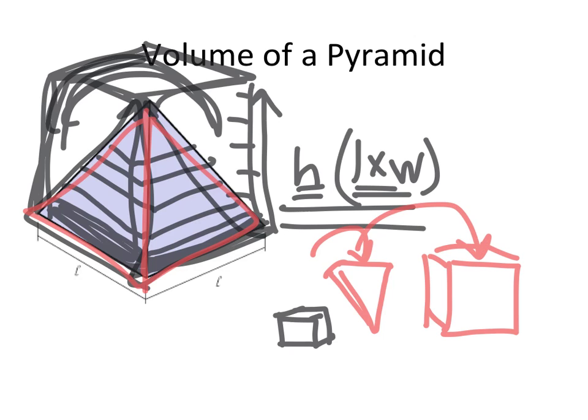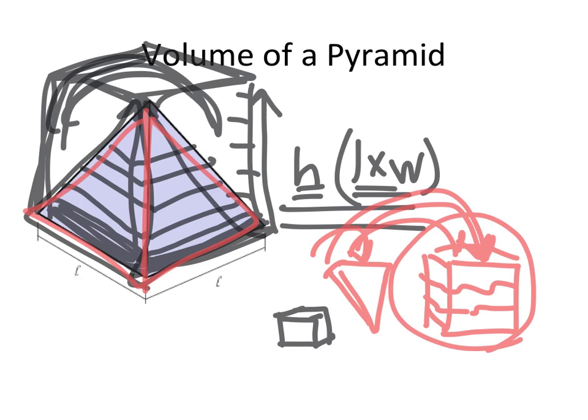We could fill it once, we could fill it again, we could fill it again, and it would take 3 of those to fill this prism. So that would show them that we can fit 3 pyramids inside the prism. That would mean that the volume of the pyramid is 1/3 of the volume of the rectangular prism.